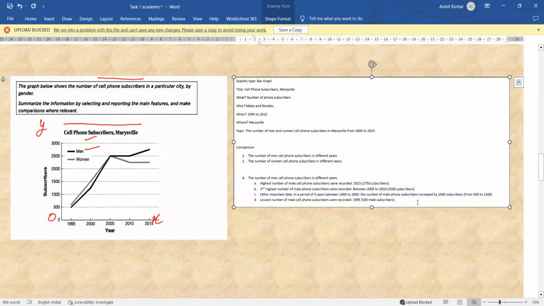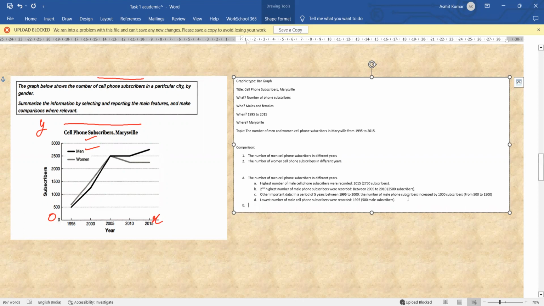Likewise, we'll be writing the complete details of the number of women cell phone subscribers in different years. And the next, let's see here in B, he will be writing the number of women cell phone subscribers in different years, that we have written here.